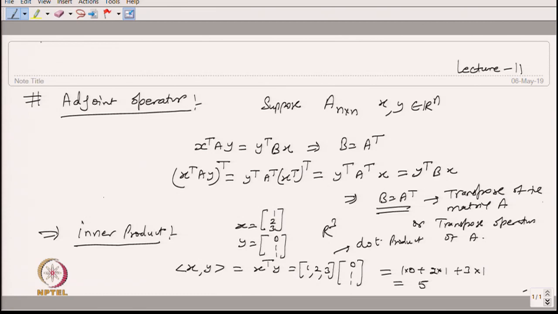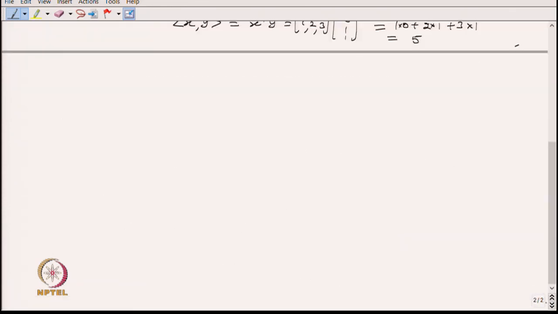Now, what will happen if instead of these vectors I have two functions? Suppose I have one function f1(x) equal to x square, and another function f2(x) as sin x, because I already know that these are continuous functions and they also make a vector space.